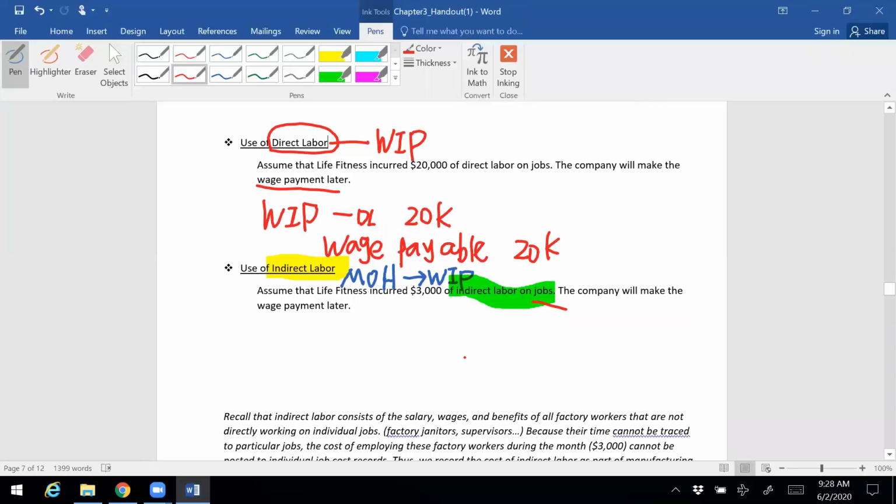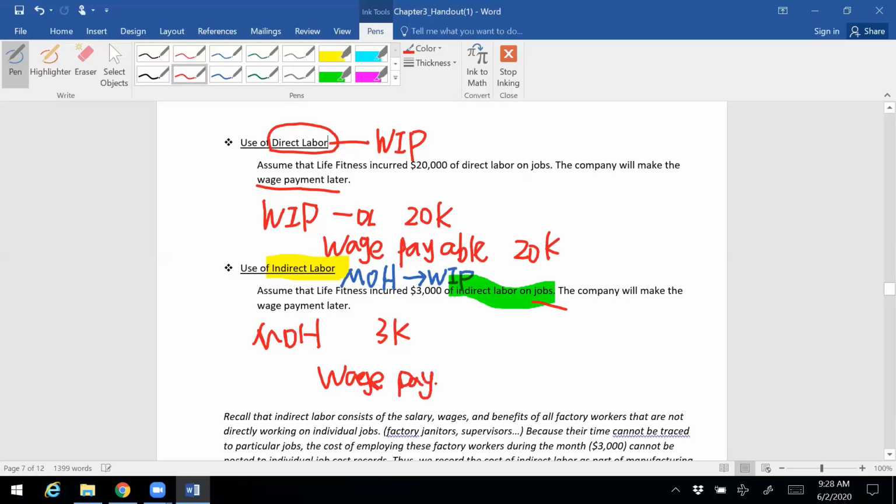So we first have to put it in manufacturing overhead. When we allocate it, it goes to work in process. So we first put in manufacturing overhead 3,000, and then we have this wage payable.